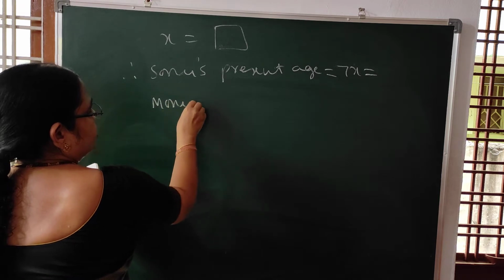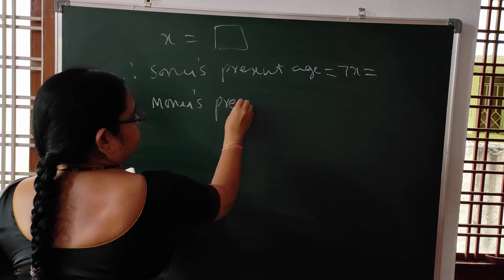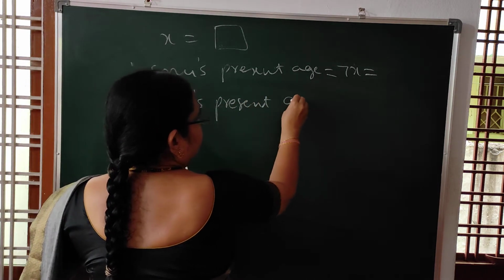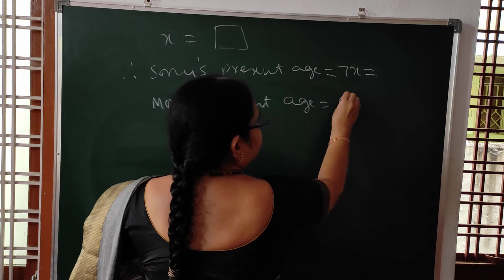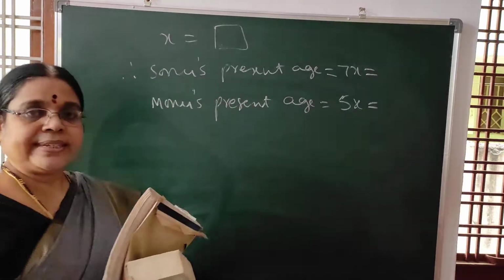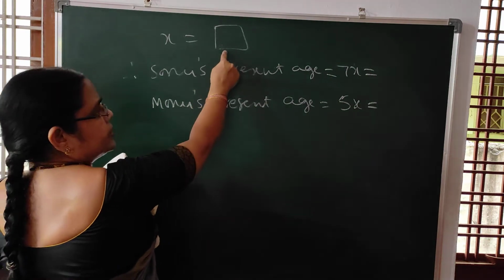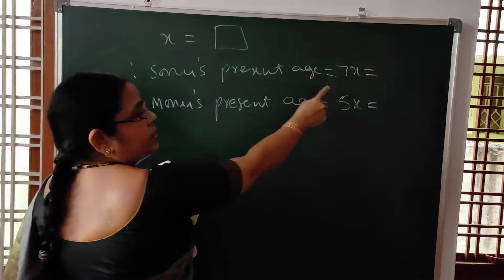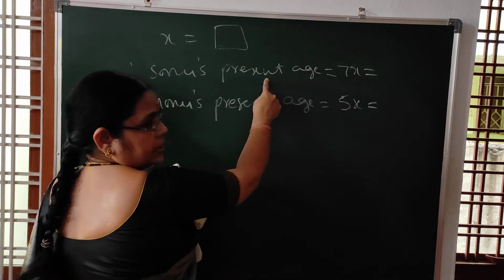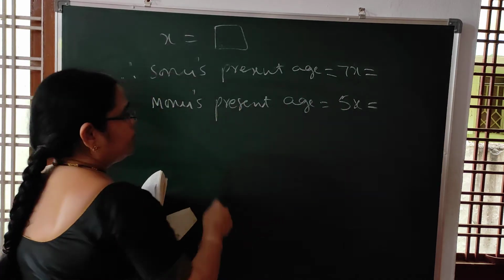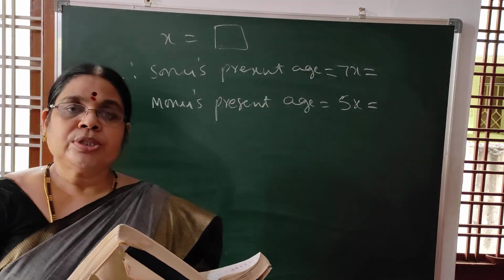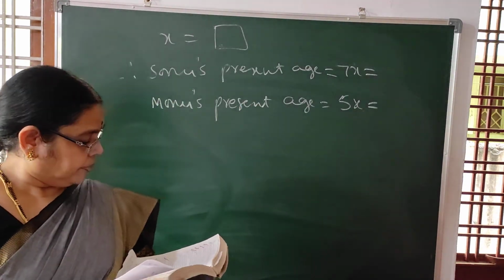Monu's present age is 5x years. So 7 into x gives you this boy's age, and 5 into x gives you the next boy, that is Monu's present age. Okay.